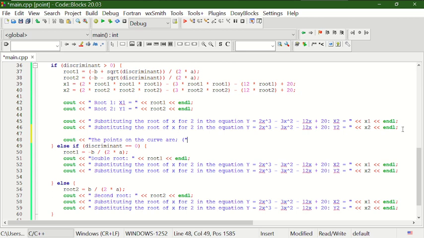We want to print root 1. So say root 1, then open and close quotation. In the open and close quotation, we put a comma.